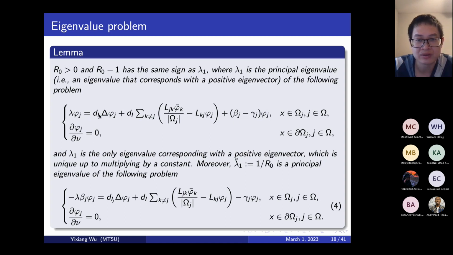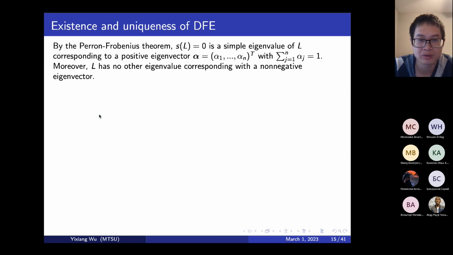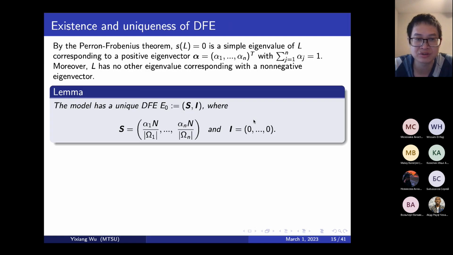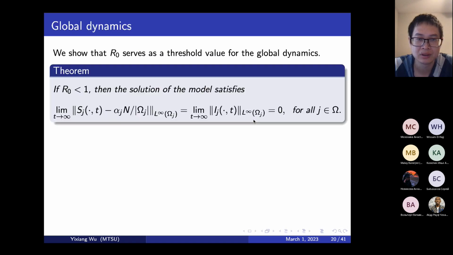And then if you go to the model, you can see the right-hand side of the second equation is less than beta I minus gamma I, right? And because the principal eigenvalue is negative, using a comparison principle, you just have the solution converging to 0. So at least for R0 less than 1, it's easy to show this.